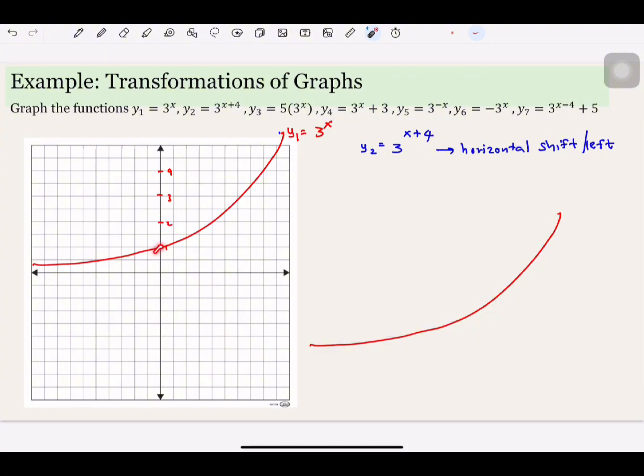So this is 1, from here to here just 2, 3, 4. That means that point should move somewhere here. So let me take my graph and move it 4 units to the left. If you move this to the left, it's going to be something like this.